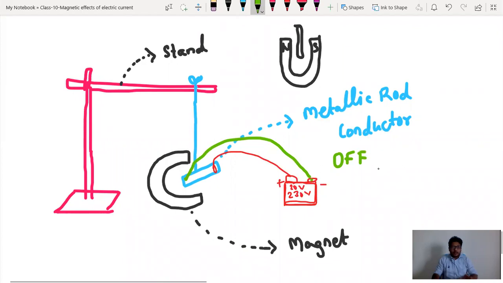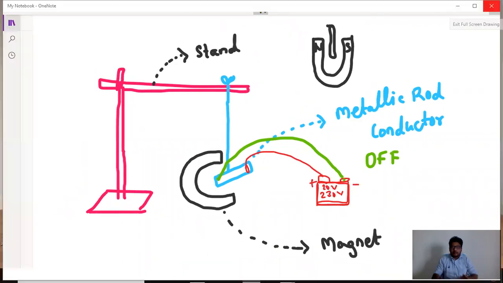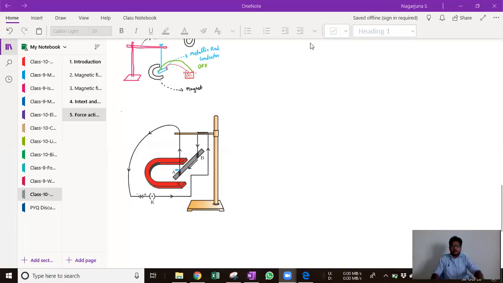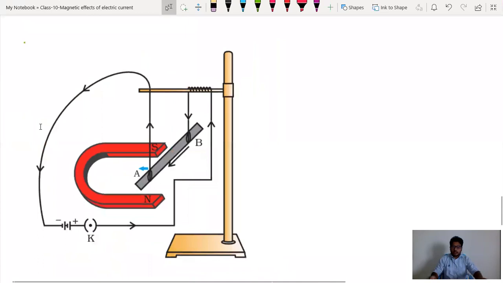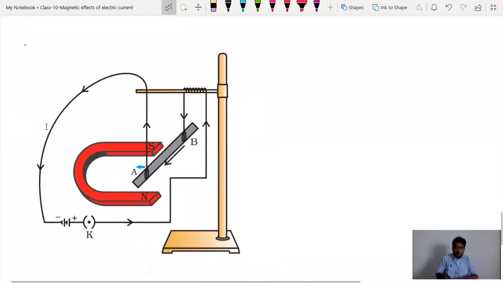I'll show the textbook picture. So this is the picture which is available in your textbook. You can see that arrangement. This is stand. This one is metal rod.